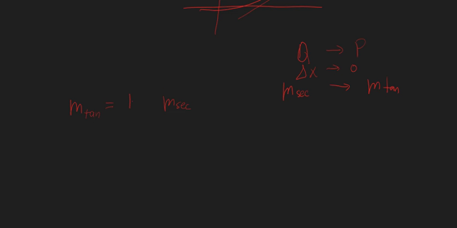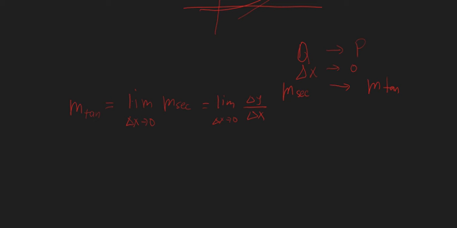So the limit of m of the second line, the slope of the second line, when delta x is approaching 0, is actually equal to the slope of the tangent line. And this is just equal to the limit of delta y over delta x as delta x approaches 0.